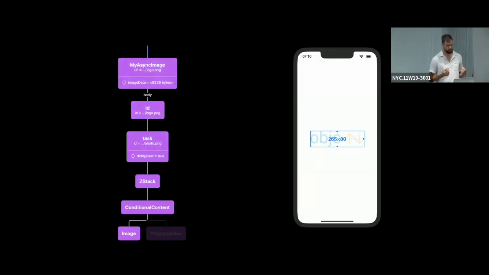And to understand better what's happening here, we're going to just focus on only the image and see if we can make that work. So what's going on with images? When we proposed the entire safe area, we saw that the image says, you know, I'm only 265 by 80. And this is how it renders.